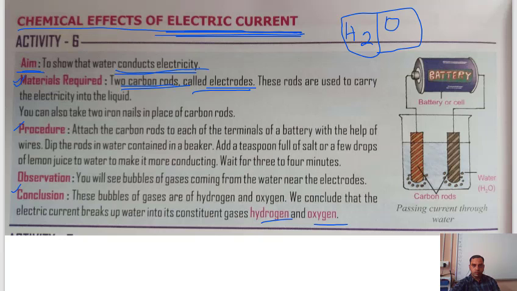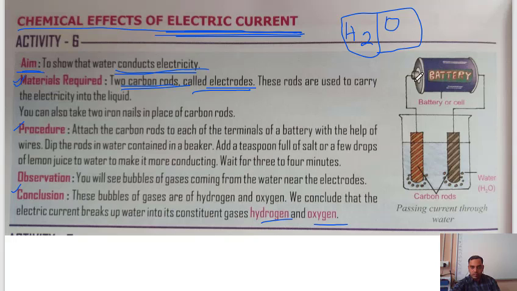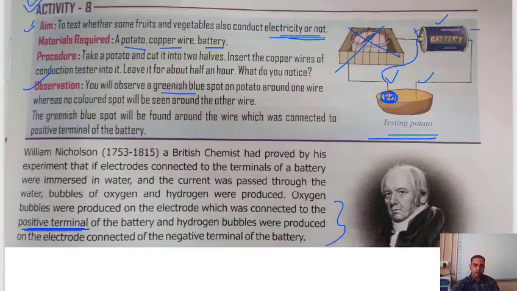So this is the positive terminal of the battery, and these bubbles here will be oxygen. Here, oxygen gas will be produced. This is the negative terminal of the battery. So in this vicinity, in this area, hydrogen gas will be produced. So this is what he found out.